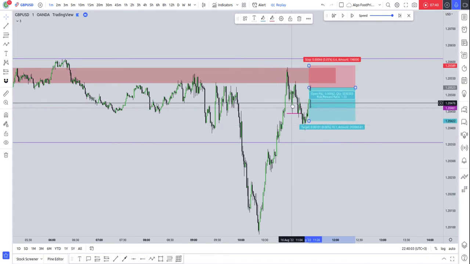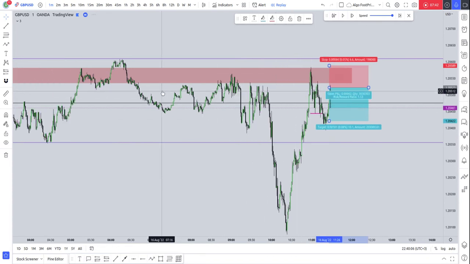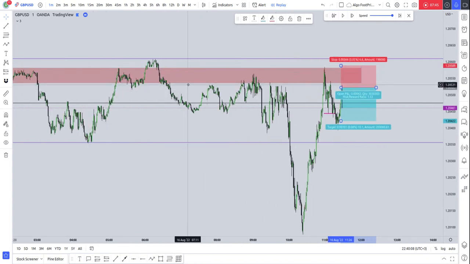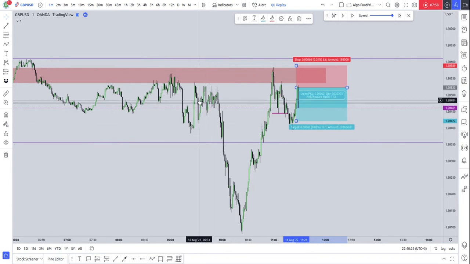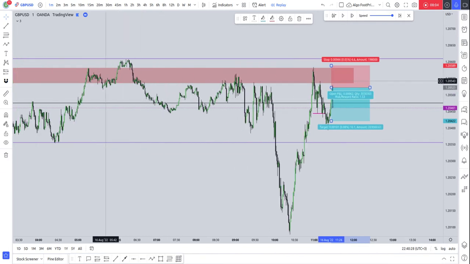Now this is M1. We are still below this order block, which I showed us on the 1 hour time frame, and we are still around this horizontal line, which happens to be previous week's low. So if I were to switch to H1, all these candles you see that are above this horizontal line will be seen as wicks, rejections.